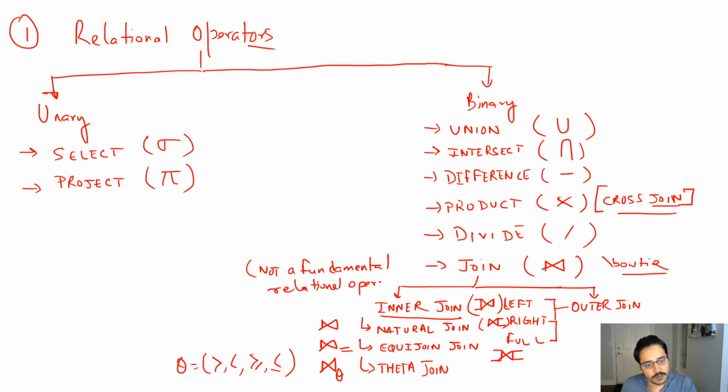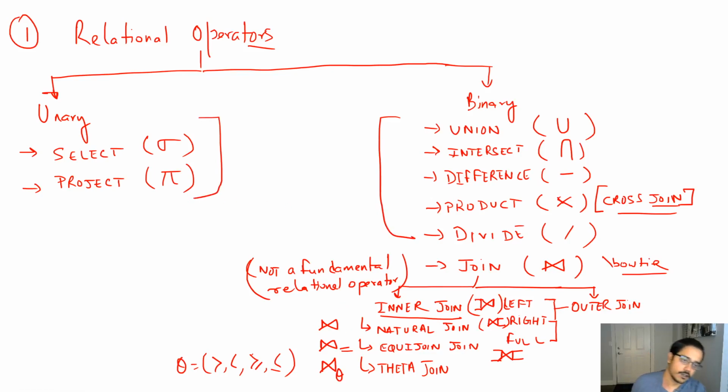And as a result of that, you need these other fundamental relational operators in order to construct the operation of a join. Okay? And one of those operations is the product operation. So that is why sometimes when you're using the actual SQL syntax, you will be mostly referring to product, the Cartesian cross product, as cross join. Okay? That is the idea behind it.